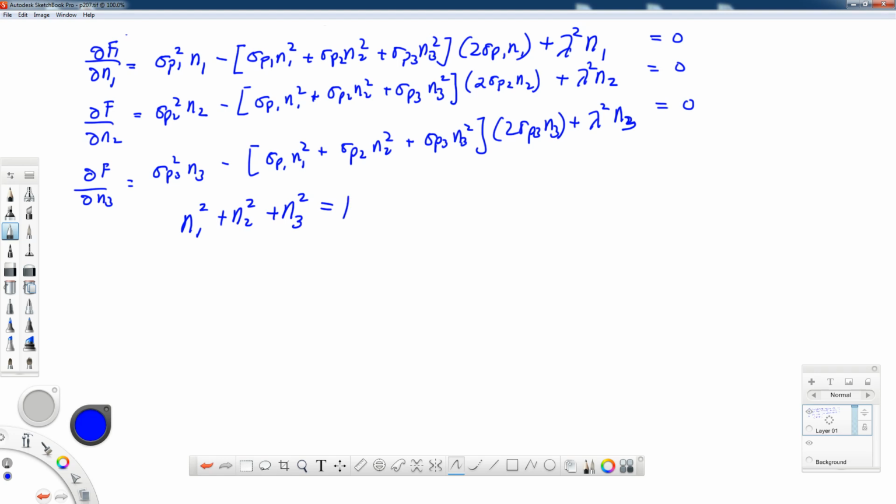Well, let's try something. Let's take n1 equal to 0, and n2 equal to 0, and n3 equal to, we can go either plus or minus 1.